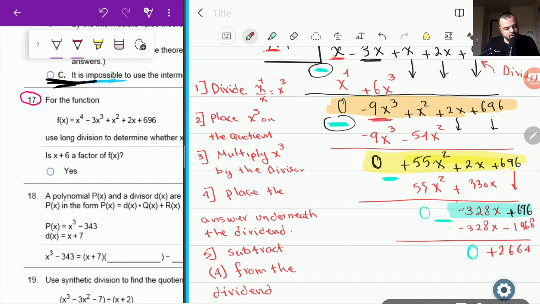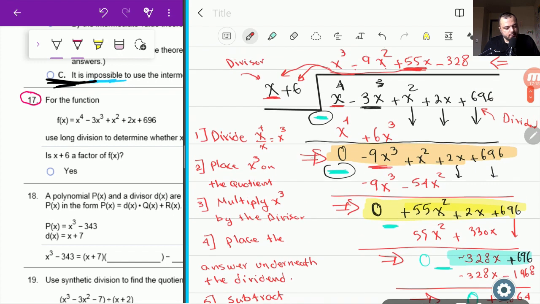Do we need to keep going until we get to what? In all the problems, you keep going until you reach a point where the new dividend is lower than the divisor. Let's check the first new dividend.